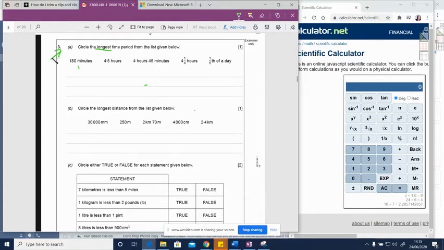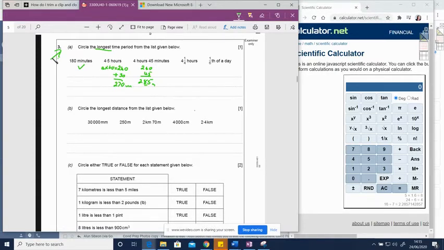So 180 minutes is already converted. 4.5 hours, well, there's 60 minutes in an hour, so 4 times 60 is 240. Half an hour is 30 minutes, so I'm going to add on that 30, and that gives us 270 minutes. 4 hours, 45 minutes, well, 4 hours is 240 minutes, plus the 45 minutes is 285 minutes.